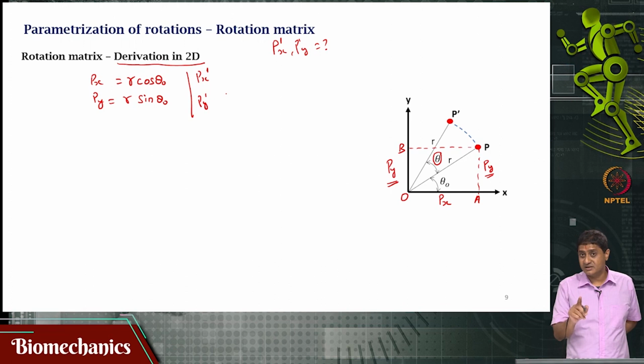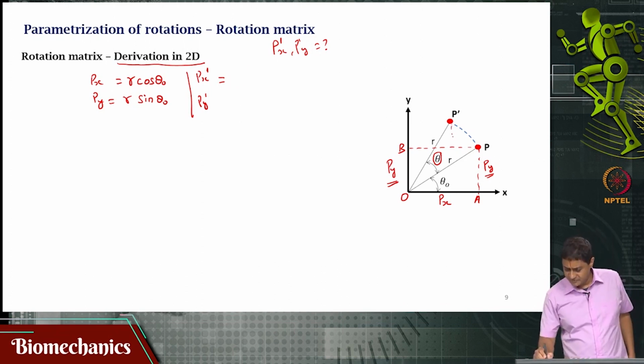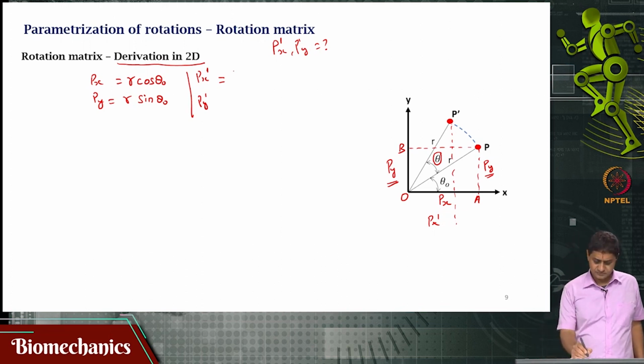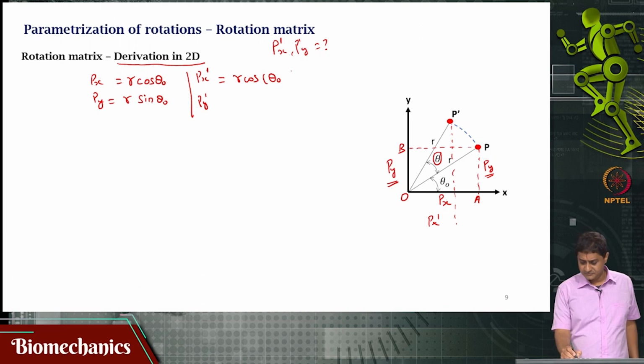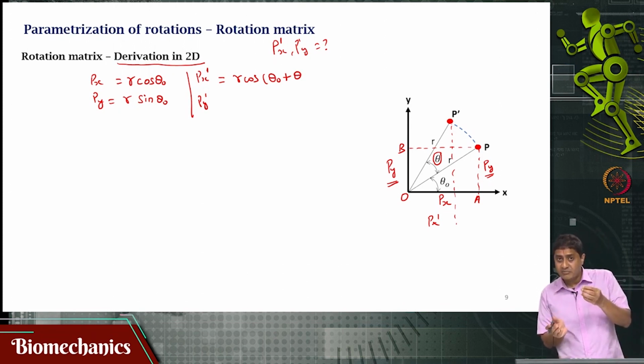So Px dash is r cos of theta naught plus theta, because this is forming the adjacent side of the right triangle, and there is one more theta because the rotation has happened by a value of theta.